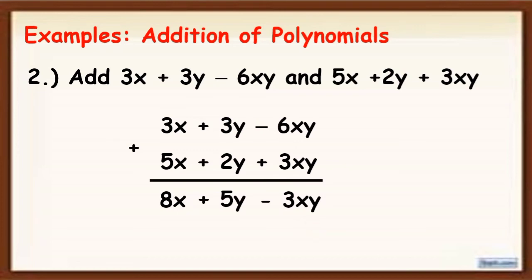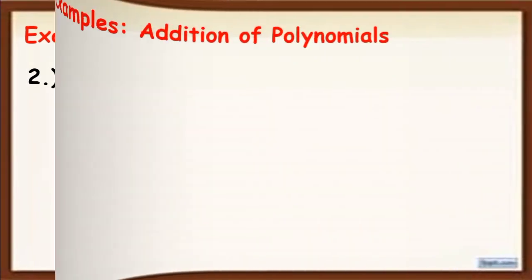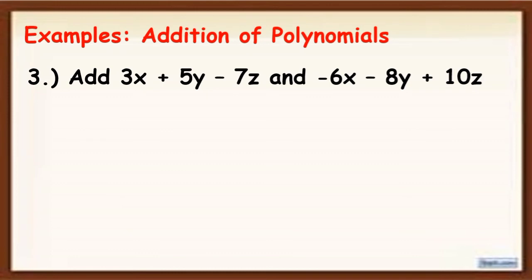Next example. 3x plus 5y minus 7z and negative 6x minus 8y plus 10z. So again, align muna natin sila. So it will become like this.